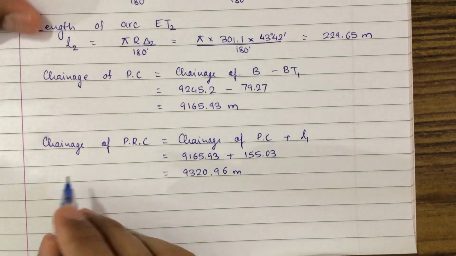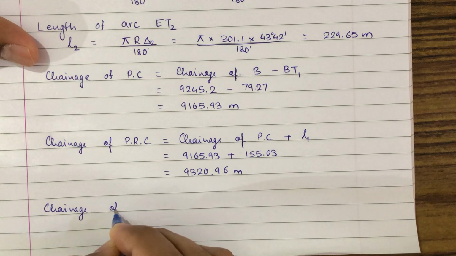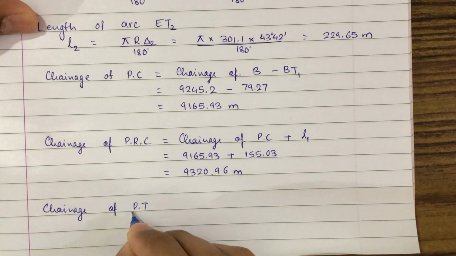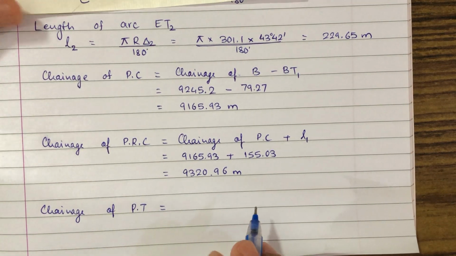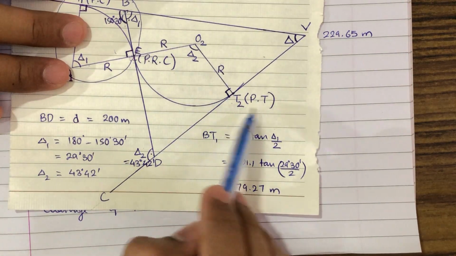And lastly, we need to find the chainage of the point of tangency, that is PT. This is PT.